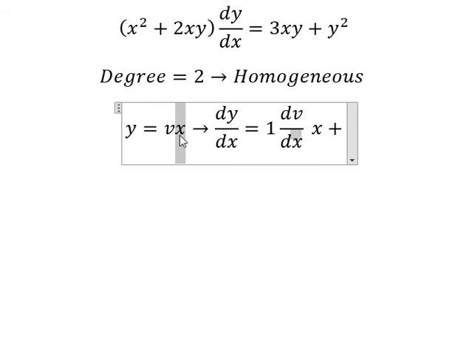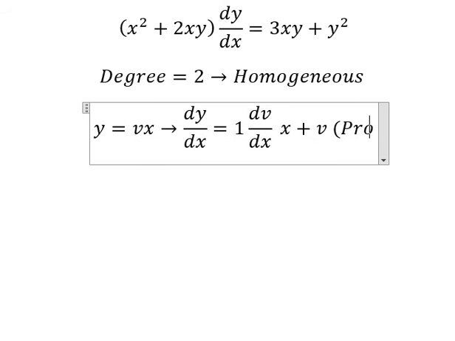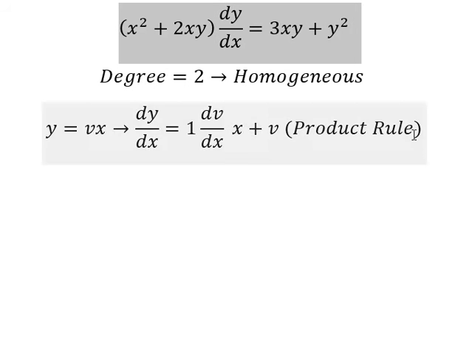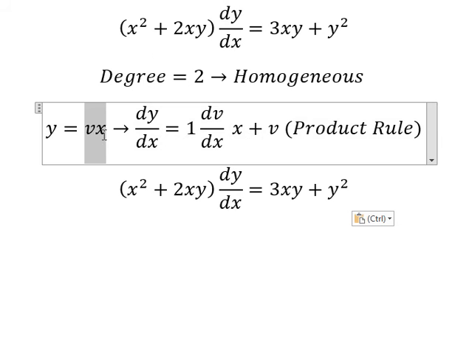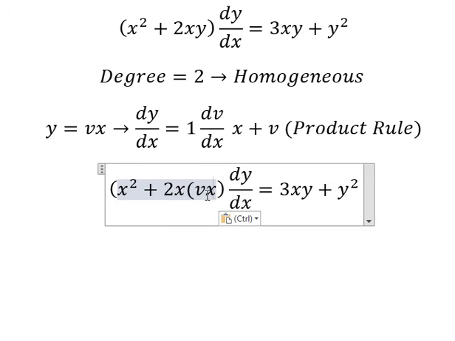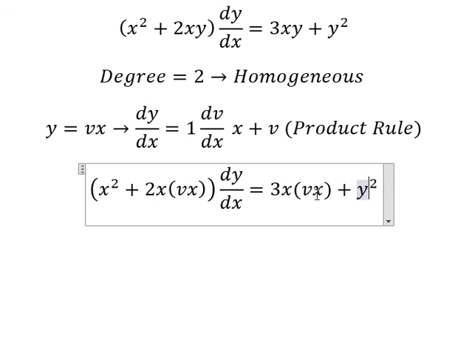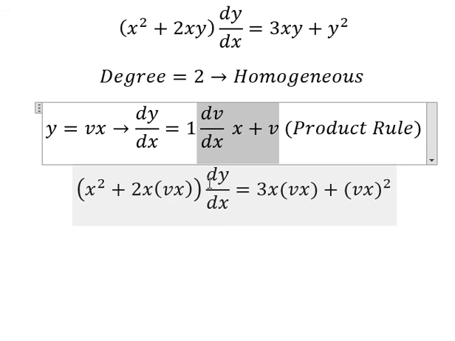The derivative of x, we have number 1, so we have v, and that is about the product rule of the derivative. So about y we change to vx. dy over dx we change to this one.